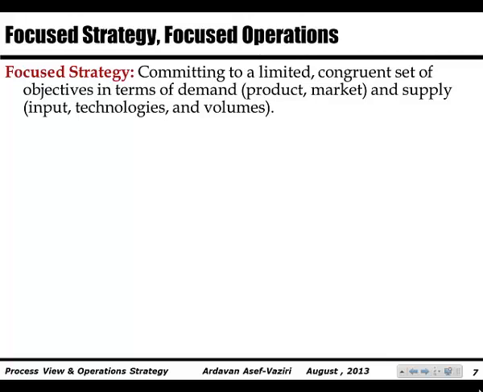A focused strategy is committed to a limited set of objectives in terms of demand and supply. Demand means we don't produce 100 different types of products for 100 different market segments. We are committed to a limited number of products for a limited number of market segments.